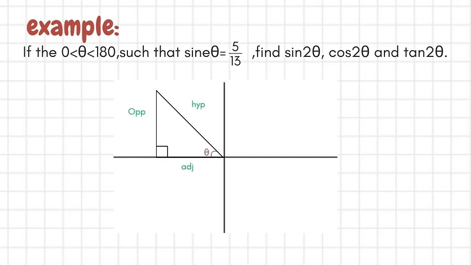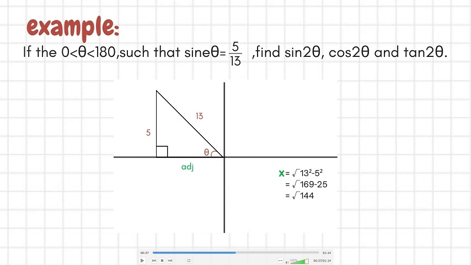So here's the angle theta in standard position. Sine is the opposite divided by hypotenuse. We use the Pythagorean theorem to get the value of the missing side, which is the adjacent. Now let's say x is equal to the square root of 13 squared minus 5 squared. 13 squared is equal to 169 minus 5 squared, which is 25.